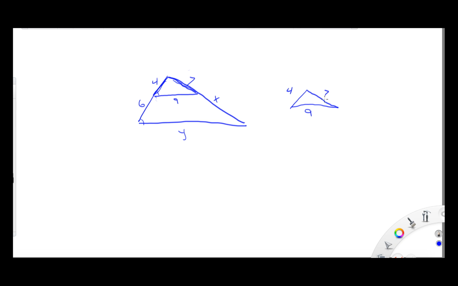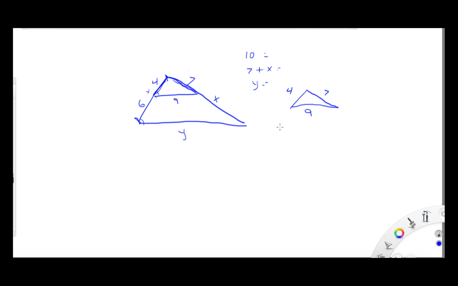Okay, so we have an a squared plus b squared equals c squared thing, or we can find out what scale factor is. Okay, so we know that this whole length from here to here is 4 plus 6, or 6 plus 4. So the whole thing is 10 on this side. This side is equal to 7 plus x, and y is also by itself.